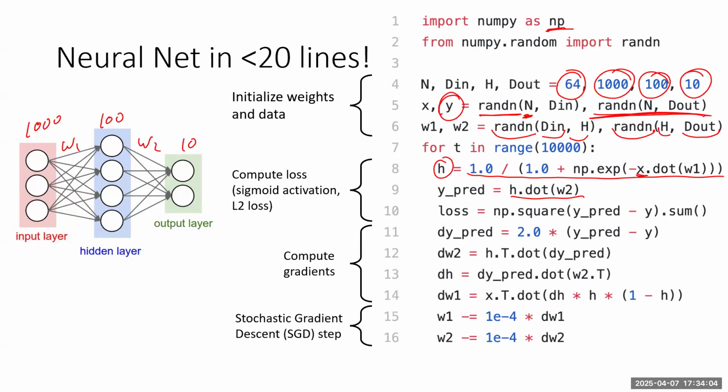So the task here is a regression task. We want the expected output from the Y here to equal those generated Y. It's a regression task. It's not a classification task.